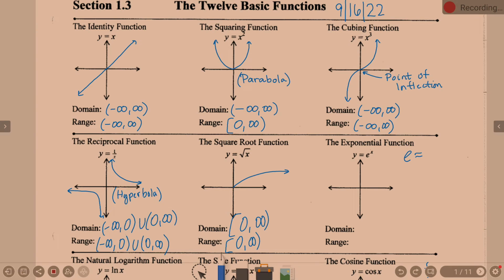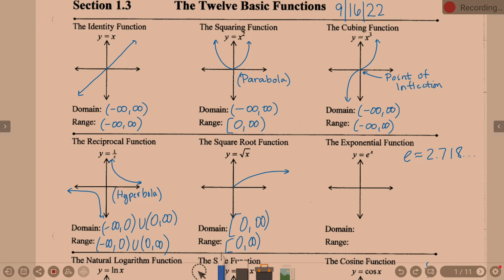And it's like pi in that it is an irrational number. It's a number that goes on and on forever and ever. E represents a value that's an irrational number.